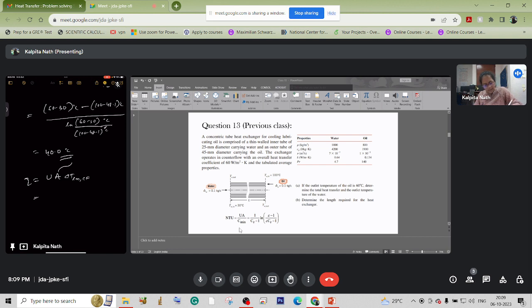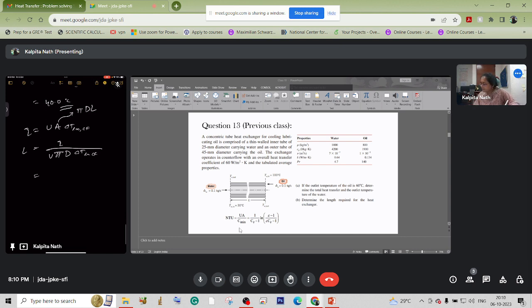Now Q is equal to overall heat transfer coefficient times the overall heat transfer area times LMTD. Obviously this area is the whole heat transfer area, so that is pi d L. So L will be Q upon U pi d delta T ln. Right, now we will put every value.